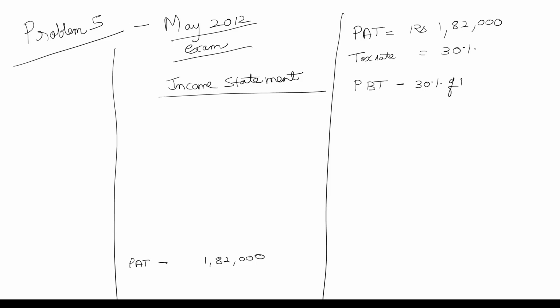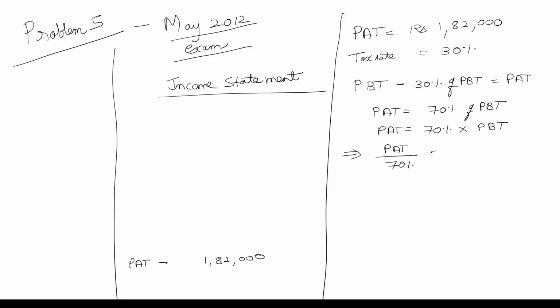So PBT minus 30% of PBT would have given us PAT. That means the PAT represents 70% of PBT. So PAT is 70% into PBT. That means PAT divided by 70% gives PBT.